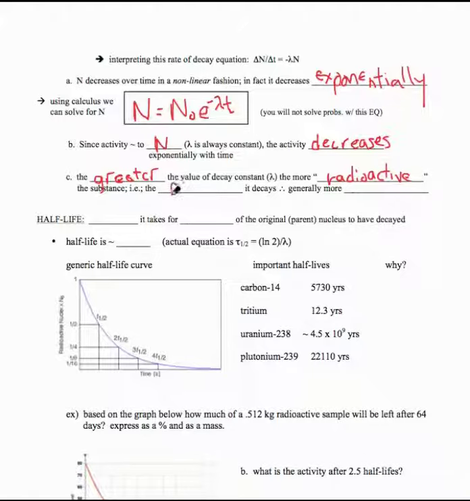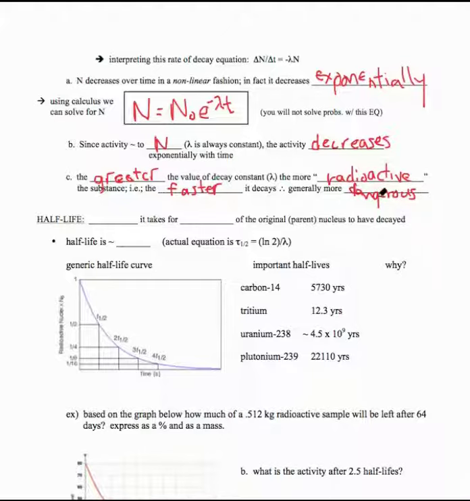Okay, so the faster it decays. And that's, again, a conceptual idea that you want to understand. So lambda determines how quickly it decays, and the faster it decays, generally the more dangerous it is. In other words, if you have a sample of something that is very radioactive, that means it decays very, very quickly.